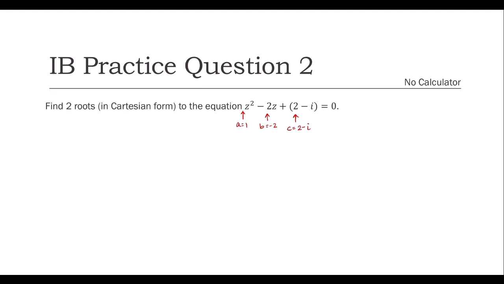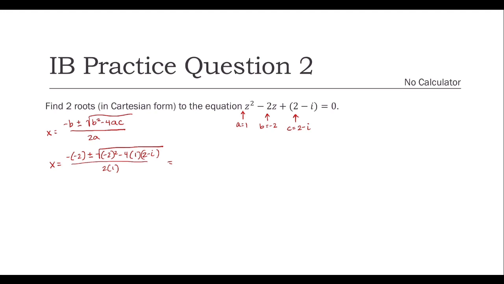So we're going to use the quadratic formula, x equals negative b plus or minus the square root of b squared minus 4ac all over 2a. So x equals negative negative 2 plus or minus the square root of negative 2 squared minus 4 times 1 times 2 minus i, all over 2 times 1.